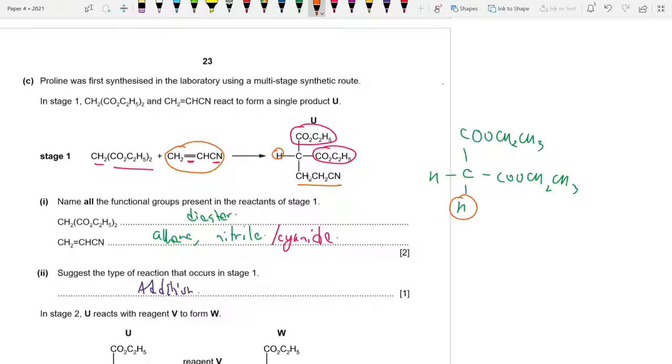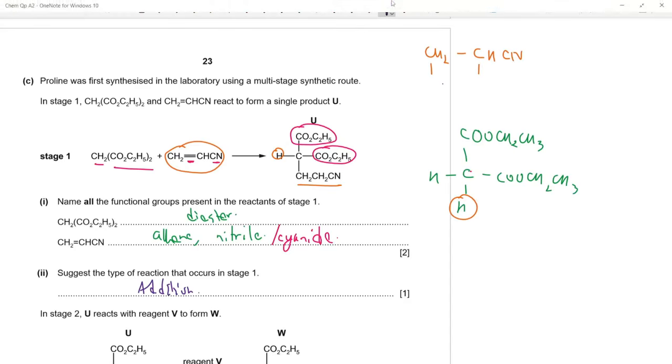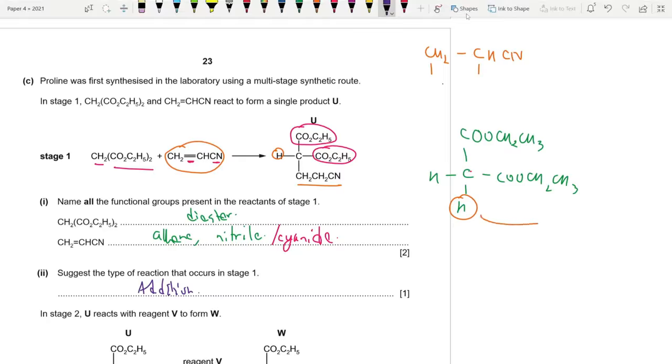The hydrogen in our compound was actually added to CH2. Hear me out. CH2=CHCN. We had 2 hands, right? So this hydrogen was added here, and our carbon formed a bond with this CH2 over here. As a result, this is the end product.